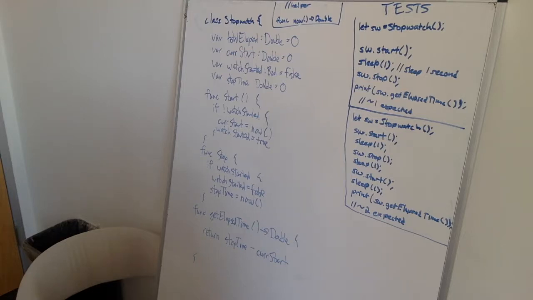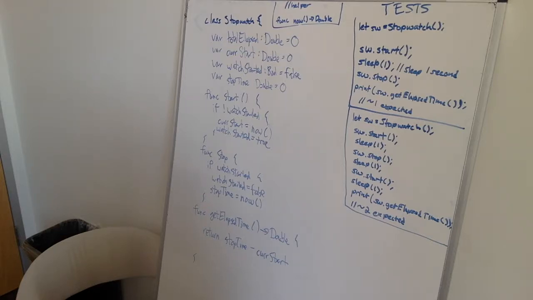Okay, so we're going to start it. If it's not started already, we store the time, and then we flip the started and stopped. If it's started already, then we stop that, and we store the time, and get the time, just subtract.